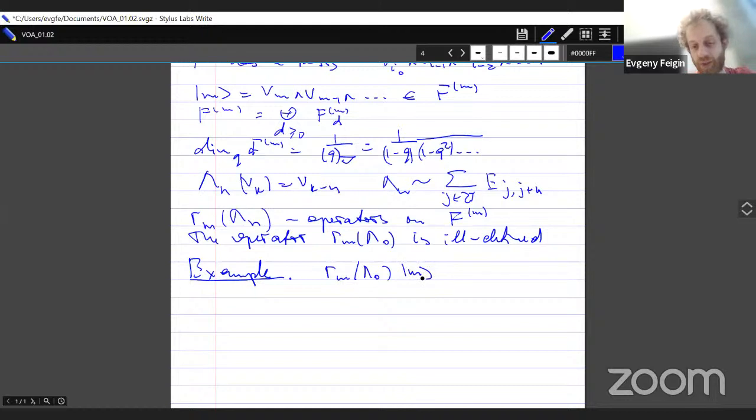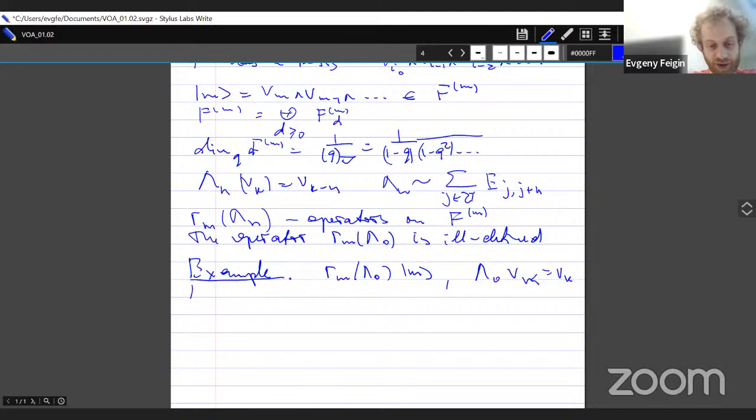We know that lambda_0 v_k is just v_k. Therefore, if we try to apply it to this vector, we get infinity.